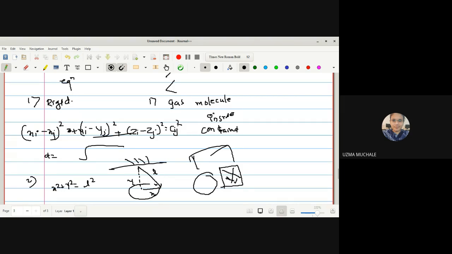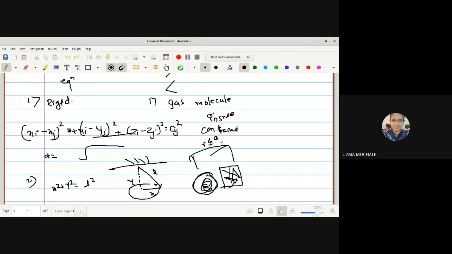They can travel in any motion, but what is the restriction here? If they travel in a sphere, they can travel only in this area. So we can have the restriction as some distance r which is less than or equal to a.